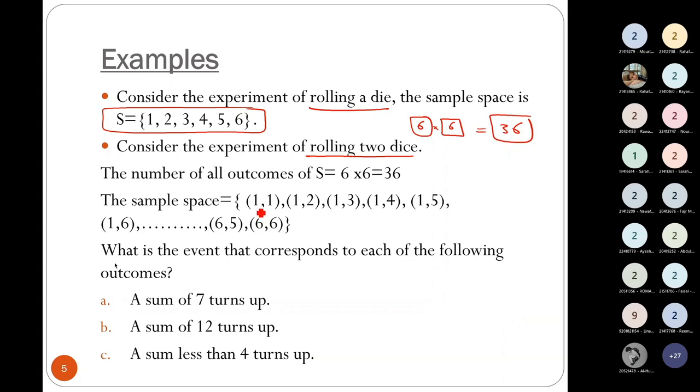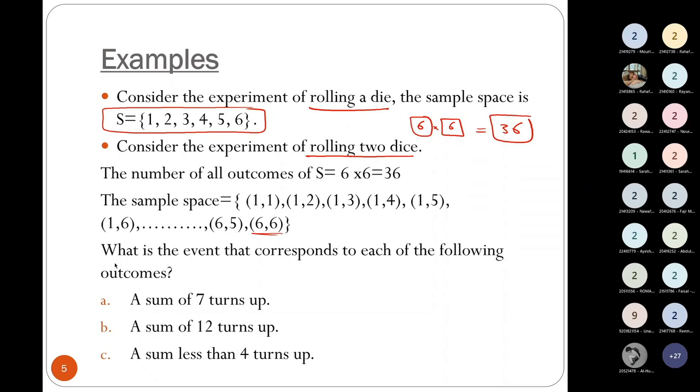Like this: 1,1; 1,2; 1,3; 1,4; 1,5; 1,6; 2,1; 2,2; 2,3; 2,4, and so on, up to 6,6. This is the sample space, 36 elements, or 36 outcomes, from the experiment of rolling 2 dice.